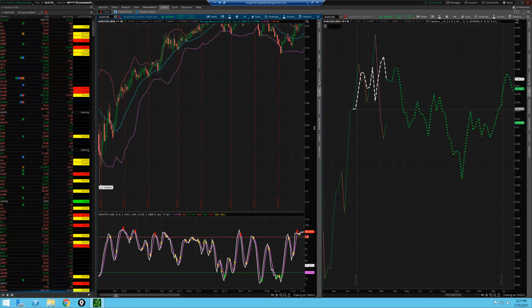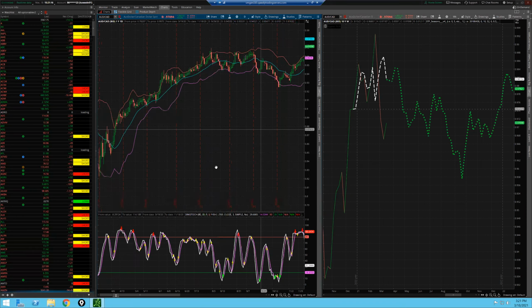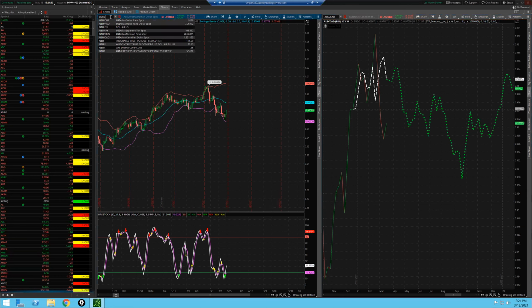See that? So what would have happened is, as I go back to current, when this white line, when actual price isn't following the white line at all, then you want to skip the trade, in my opinion. So let me give you a really easy example of that recently.